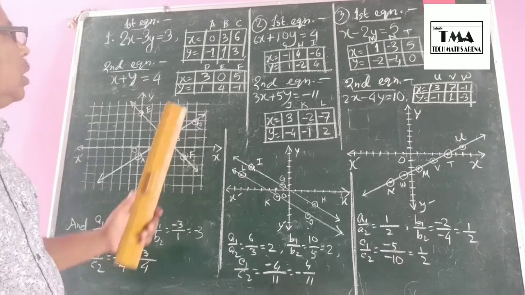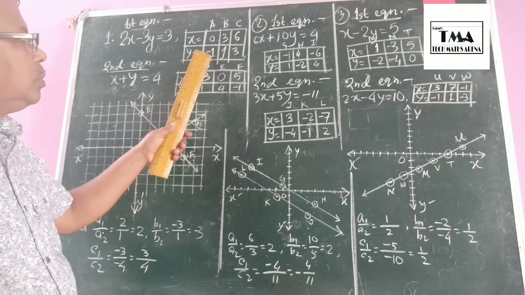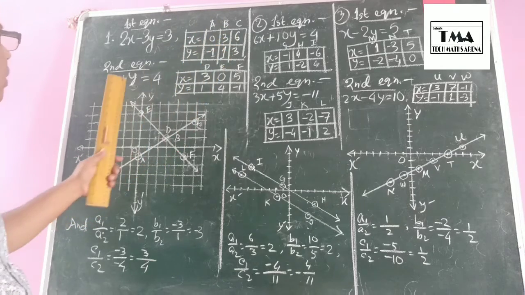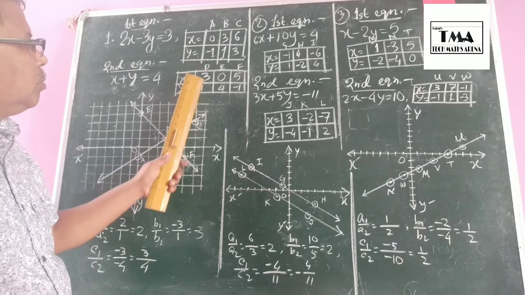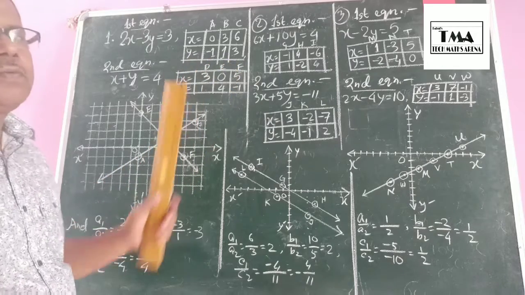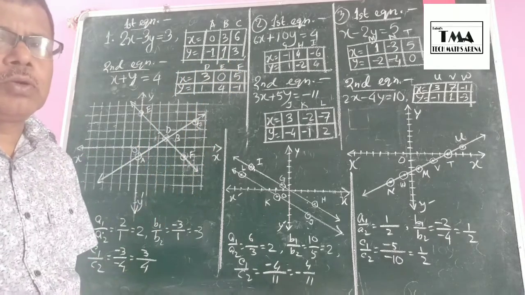I have taken 3 coordinate points A, B, C for the first equation, and from the second equation the 3 coordinates are taken as D, E and F. You can choose other coordinate pairs also.